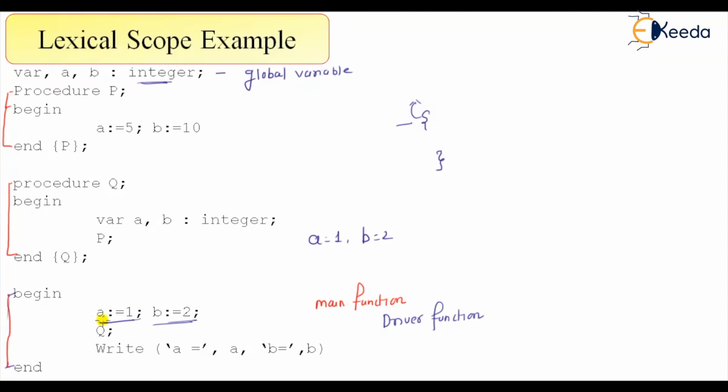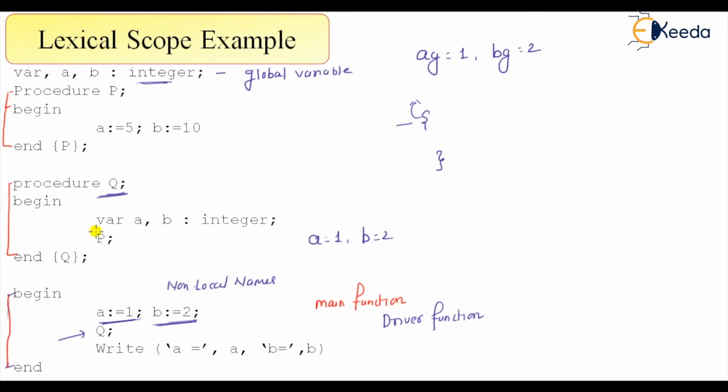So these a and b are the non-local names, and here a is assigned 1 and b is assigned 2. Which a and b? The global a is assigned the value 1, and the global b is assigned the value 2.